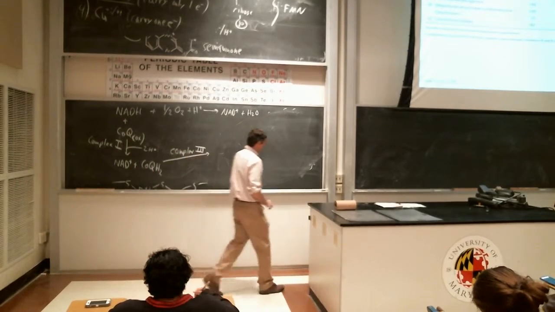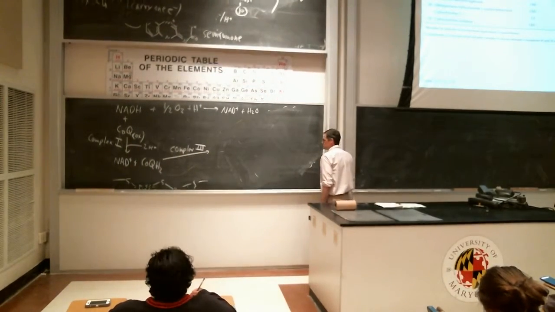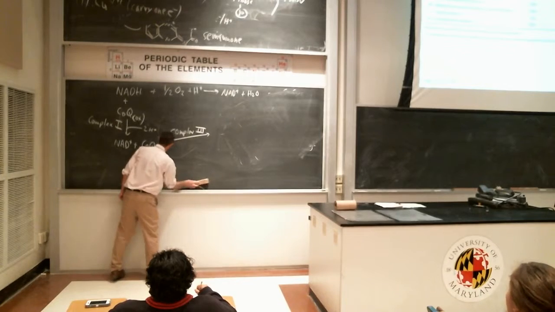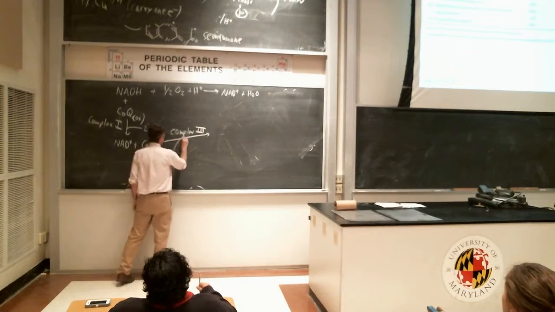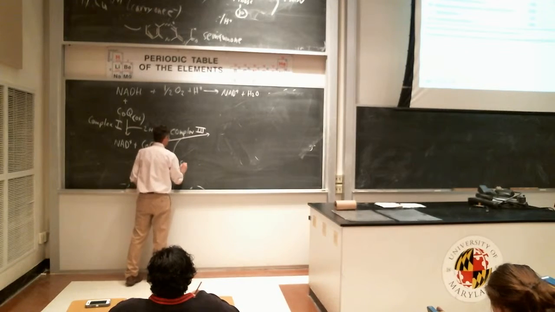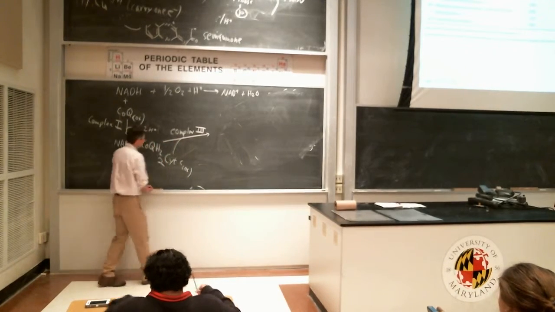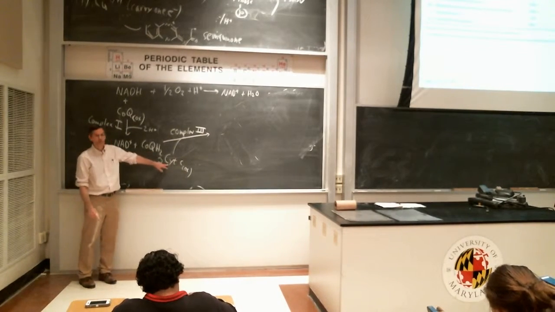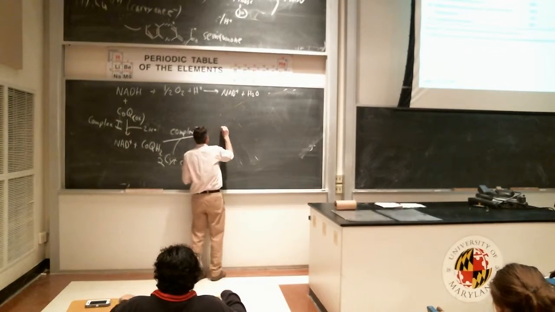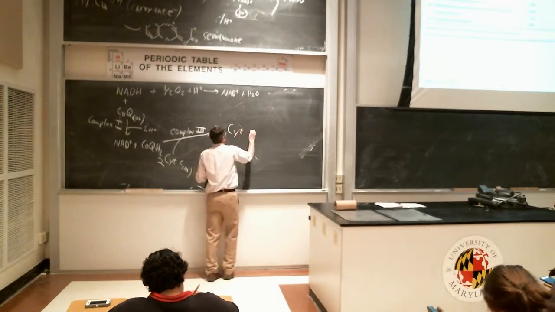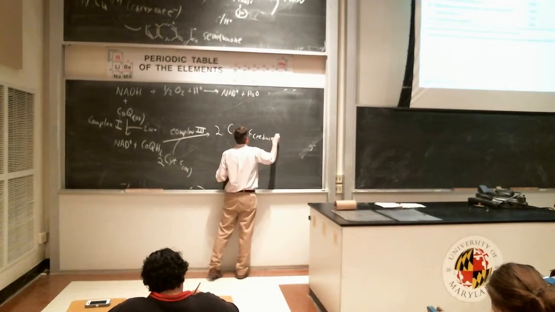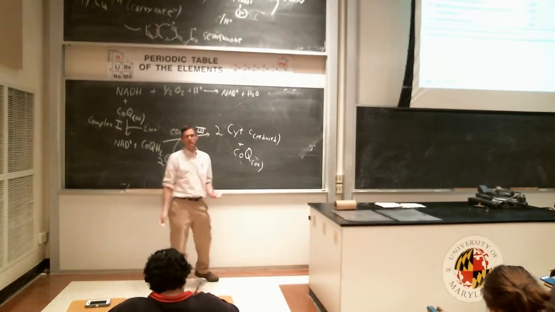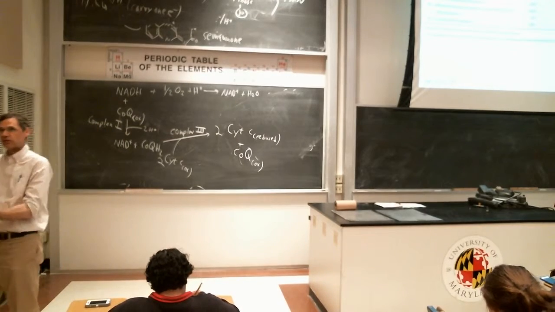The other substrate for complex 3 is cytochrome C. So complex 3 catalyzes the reaction of 1 reduced coenzyme Q plus 2 oxidized cytochrome Cs, and that produces 2 reduced cytochrome Cs, plus the coenzyme Q is reoxidized, so the electrons are passed from the coenzyme Q to the cytochrome C.